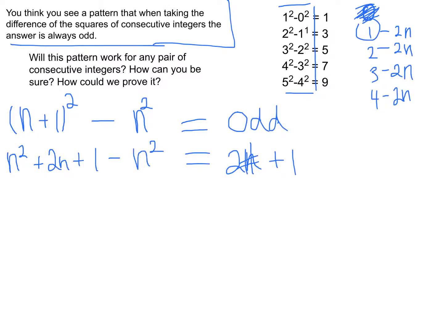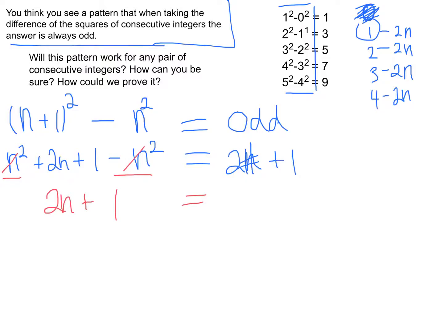And so now, if I look at the left side of my equation, there's some like terms that I can combine. Notice I have an n squared and a negative n squared. So n squared minus n squared, those cancel. There's 0. I'm left with 2n plus 1. 2 times my first integer plus 1.